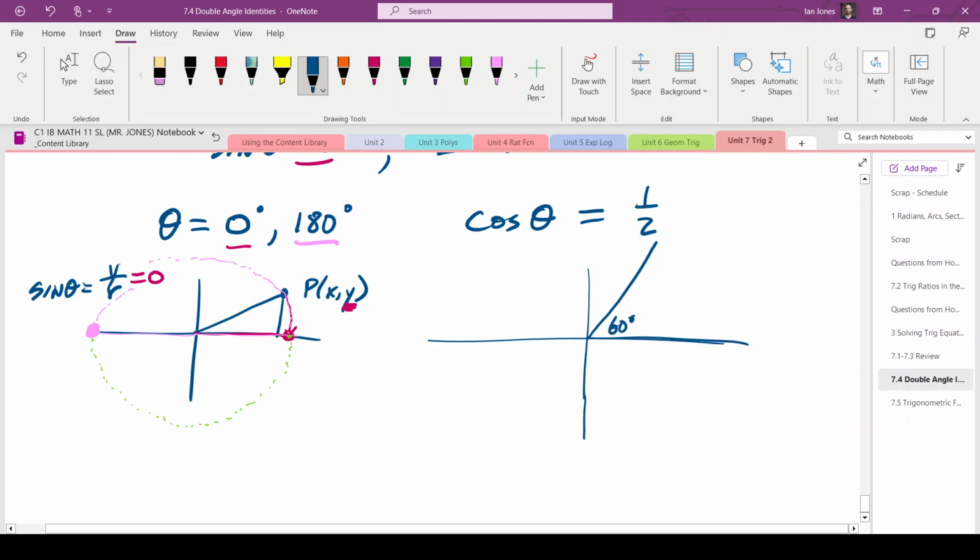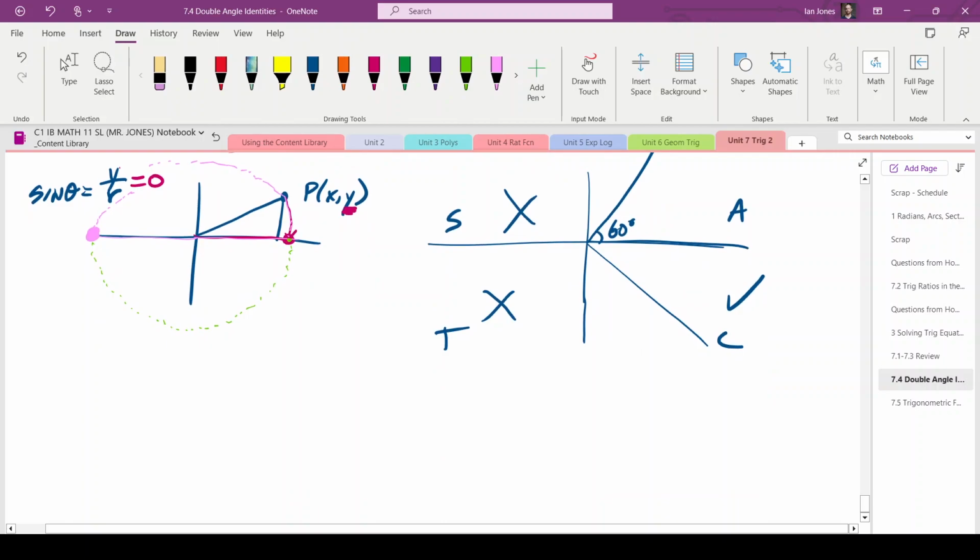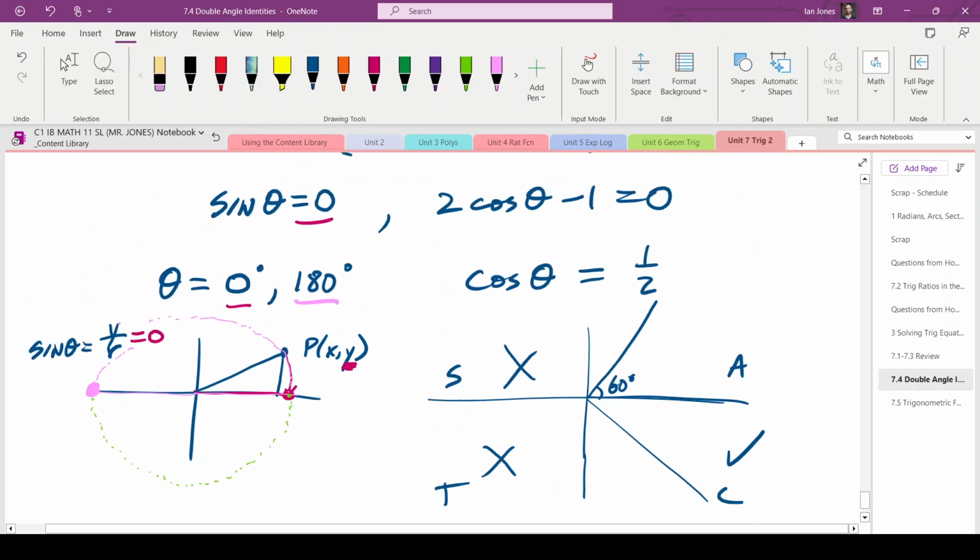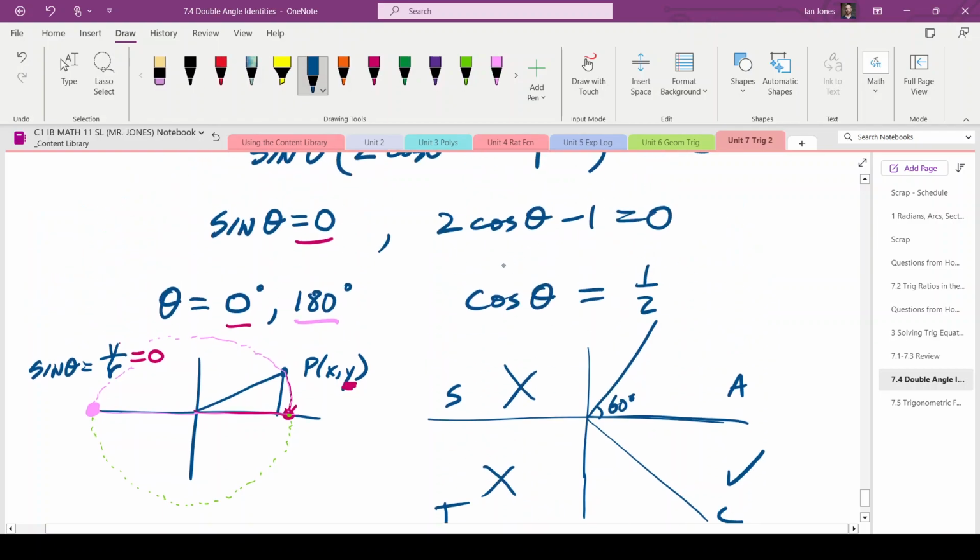So we have cosine of 60. We also have all students take calculus. This is positive. So here is the other quadrant, quadrant 4, where we get a solution. That will be 360 minus 60. So we're going to get 60 and we're going to get 300 as our two values for this equation.